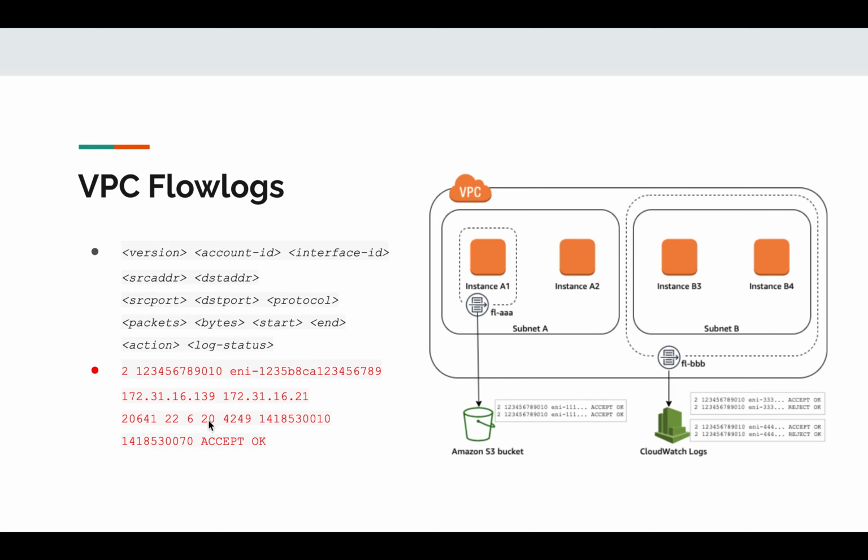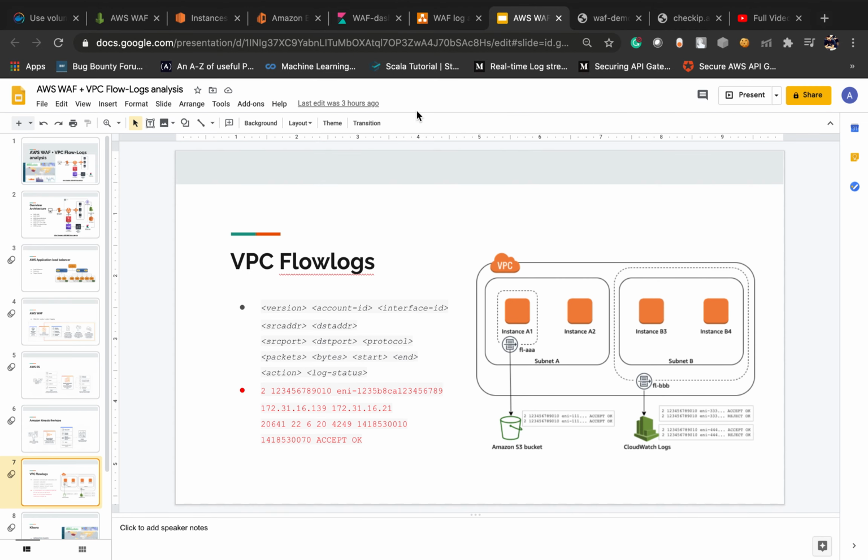Then total packets, total bytes, start and end time in Unix epoch, the action, and the log status, whether it is okay or not. So let's create one VPC flow log.